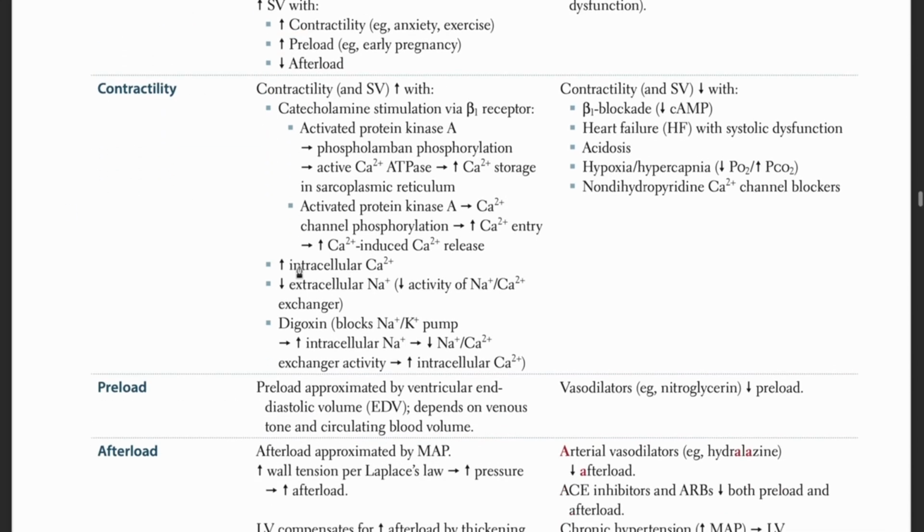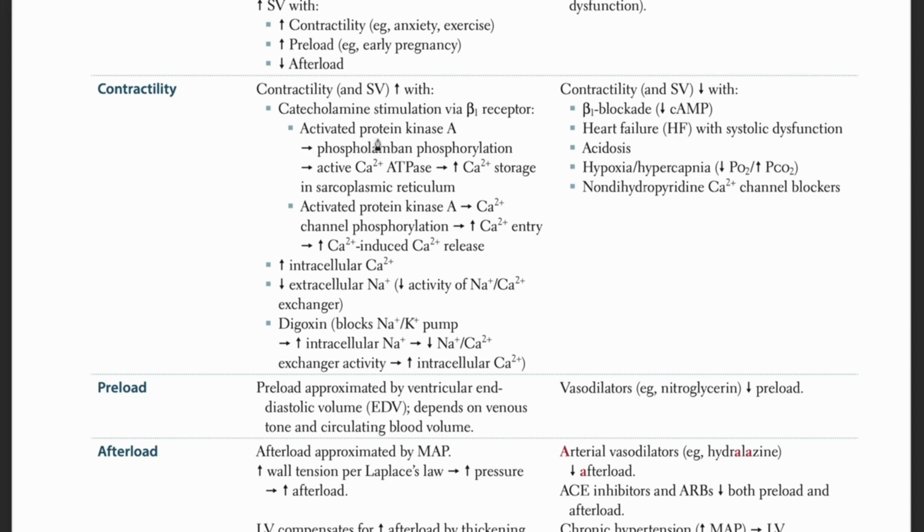Okay. Contractility. So there are certain things that can increase and decrease it. Contractility and stroke volume increase with catecholamine stimulation of the beta 1 receptor. Remember, beta 1 is the heart one, and it increases heart rate, contractility, and increases renin production as well, right?